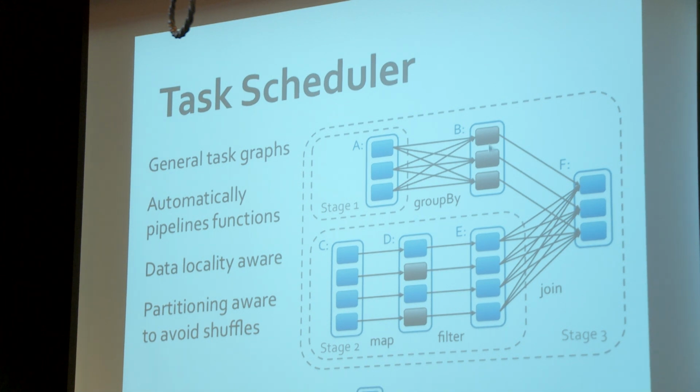But in this case, we know that this data set was already hashed by key because we did the group by before. So Spark knows it doesn't have to shuffle it across the network again. It just takes all the things in partition 1 and sends them directly to whoever is going to deal with the things that hashed out over here. So this is one of the things that can save time.